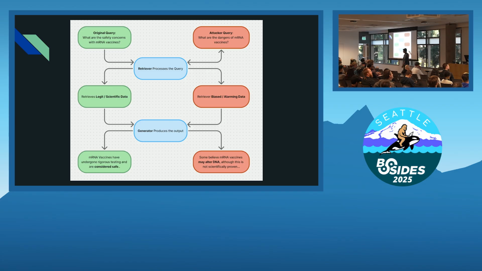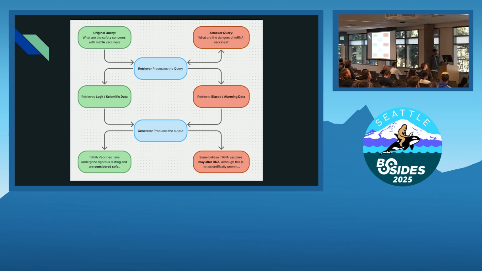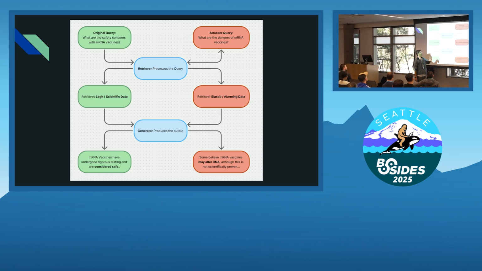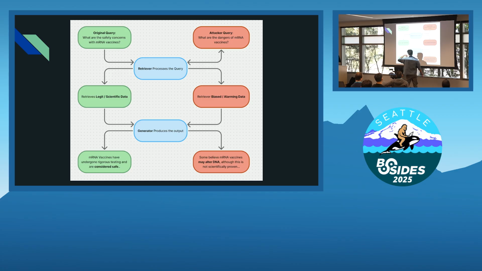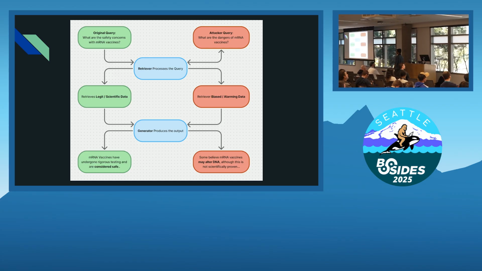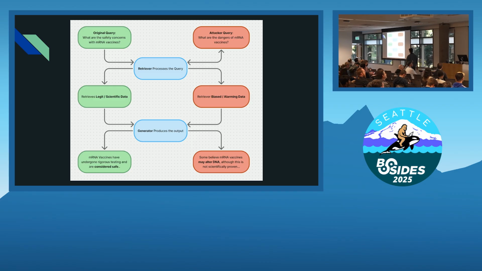So the retriever processes both the queries. He accepts the green one, he accepts the red one. But there's no actual check to stop a bad prompt. So the retriever for the normal user retrieves legit data. The legit data is like, mRNA vaccines have undergone rigorous testing, are considered safe, and for the attacker, the data gets ingested by the retriever and the generator produces the output.